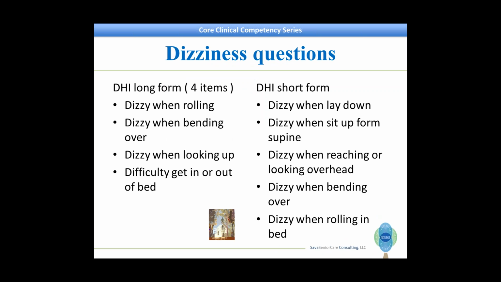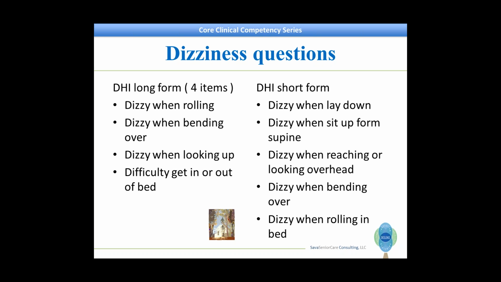So what are the classic questions that you can ask? There's a form called the Dizziness Handicap Inventory, and we have this listed on Rehab Central in the Balance Notebook. There's a short form and there's a long form. Each one of these items listed here off the long form, there's 4 items out of, I think, 30 questions on the DHI.